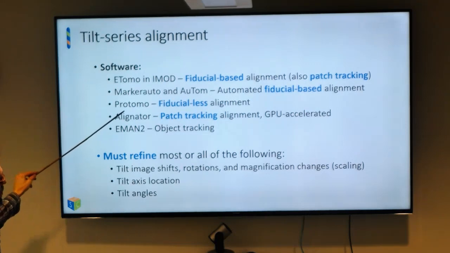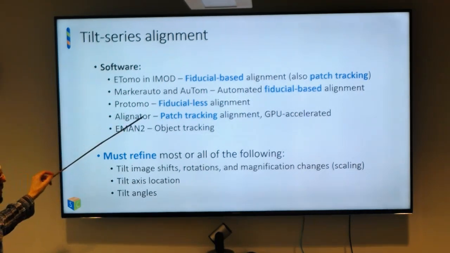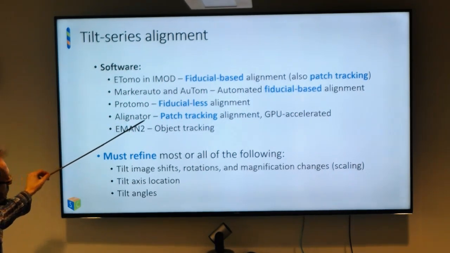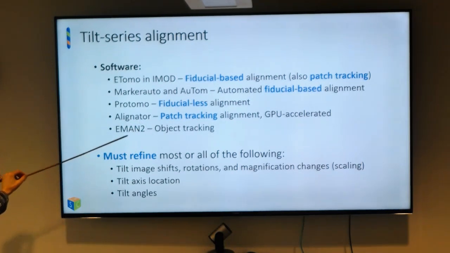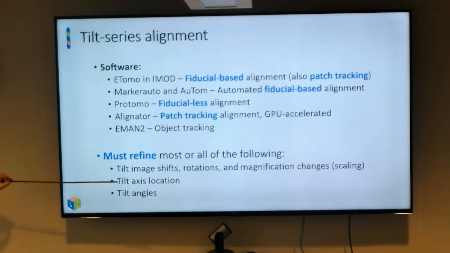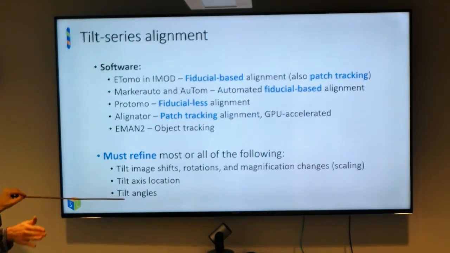There is Tomo, which is completely fiducial alignment, and I'll explain exactly how that works in a minute. There's another patch tracking with GPU acceleration called Alignator, and everything must refine for the shifts, for the rotation, or actually in-plane rotation. So you have this rotation and you have this rotation on a per image basis. For magnification changes, and why might magnification change with different tilt images?